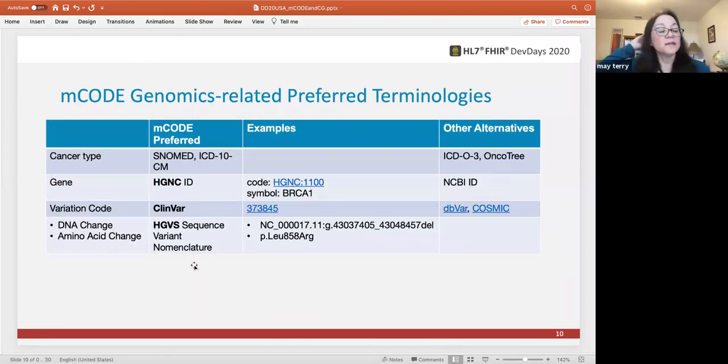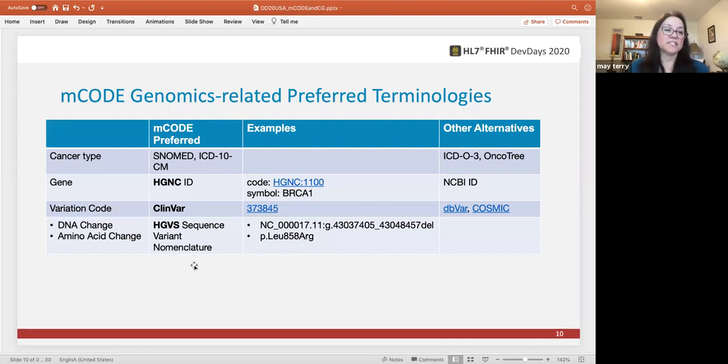Okay. Another thing that definitely comes up within the review of this IG is that there are many different knowledge bases, there are many different coding systems that could be used to represent variants, certain knowledge bases, representation of some genes, and even the cancer type itself.